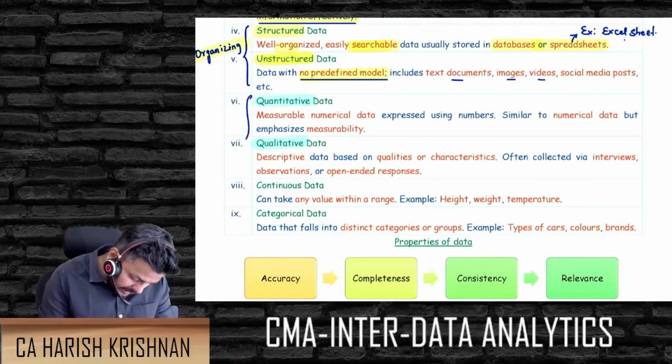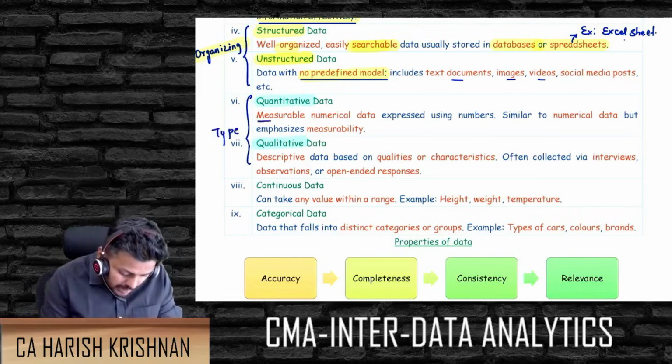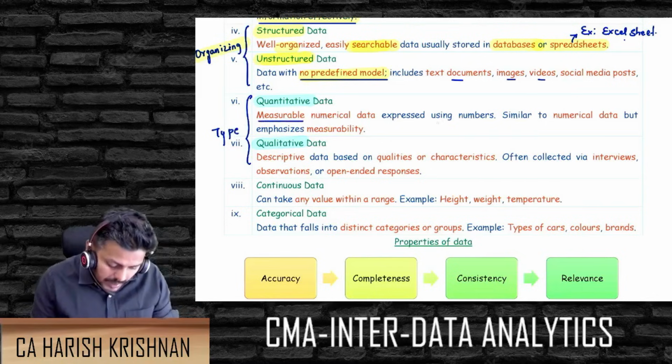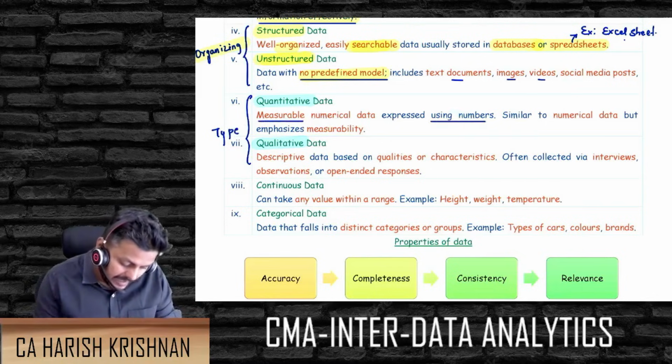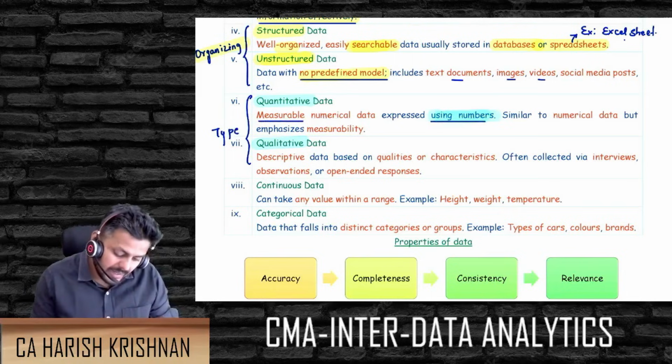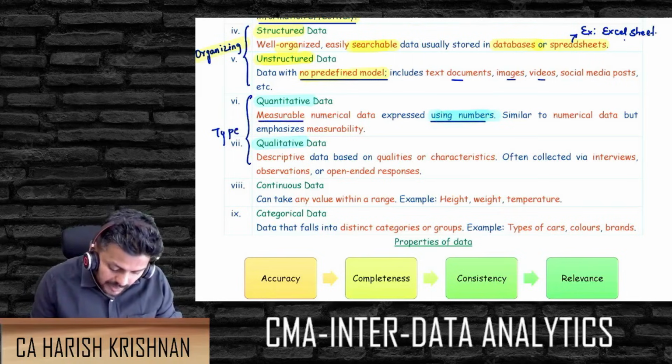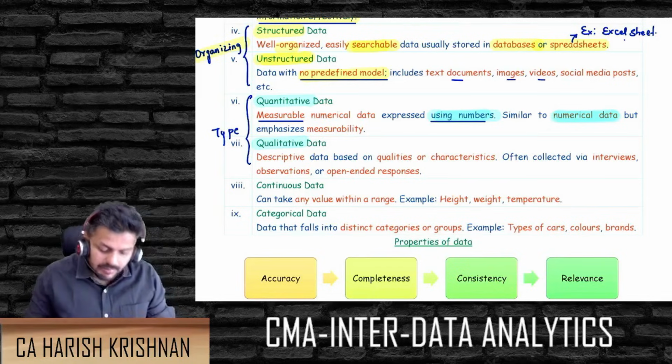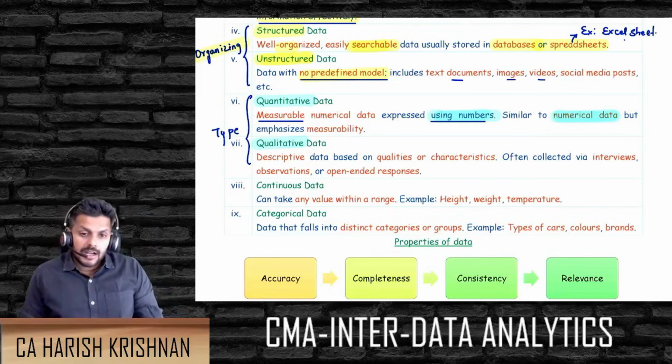I don't think I need to explain to you what quantitative is. Measurable numerical data expressed using numbers is called quantitative data. Similar to numerical data, but it emphasizes measurability.